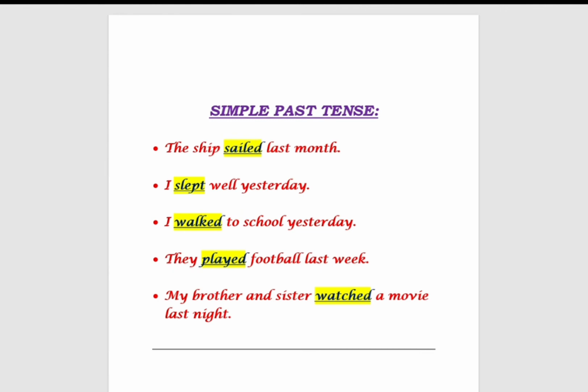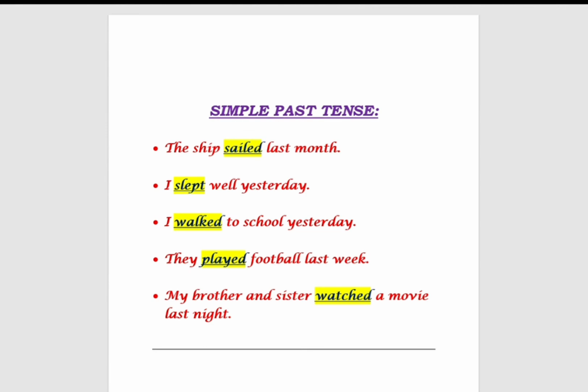Now let's have a quick recap of what you have learned so far. We know that we use the simple past tense, number 1, to talk about an action which has already taken place. Now read these sentences carefully.